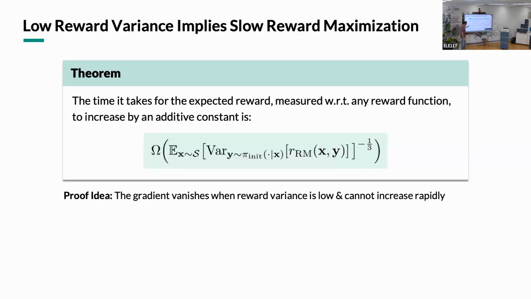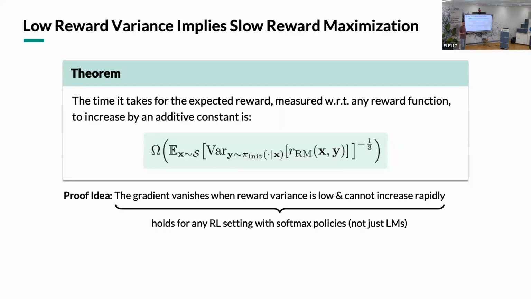And where it comes from is basically, we show that the gradient of this expected reward objective vanishes each time that the reward variance is low. And then to get the lower bound, you also need to show that the gradient will not increase rapidly in norm during training. And this is true for language models, but also more generally for any reinforcement learning setting where you have softmax policies.